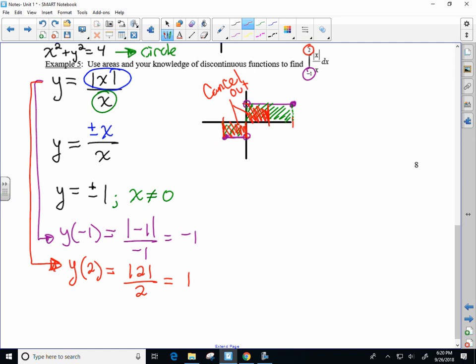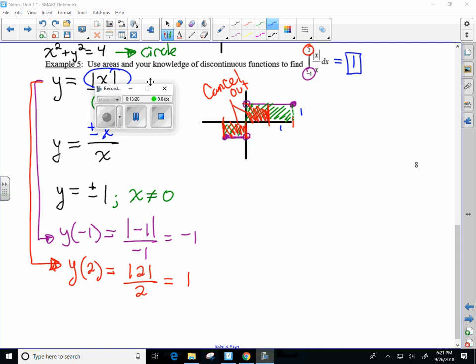And then that remaining piece would be the only thing I would need to determine the area of in order to find my final answer. And that has a base of 1 and a height of 1. So the area, or the final answer, would be base times height equals 1. Intimidating.